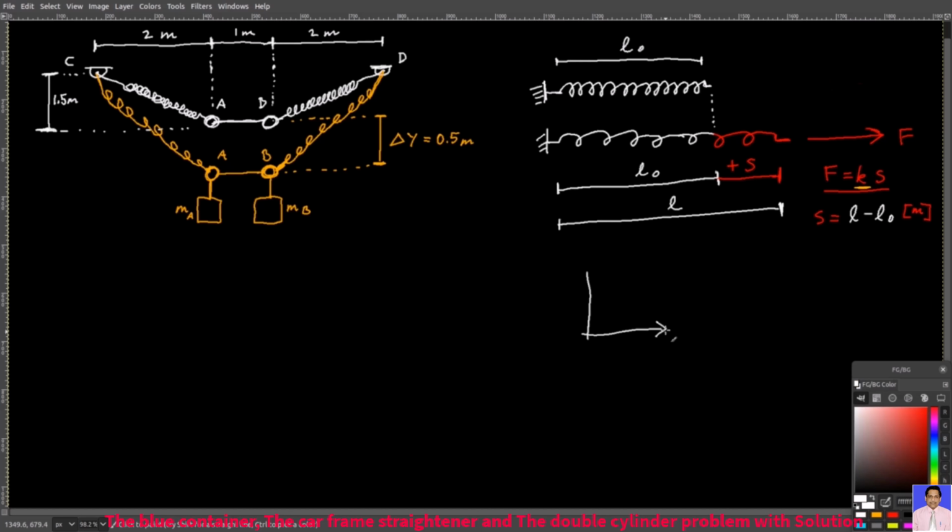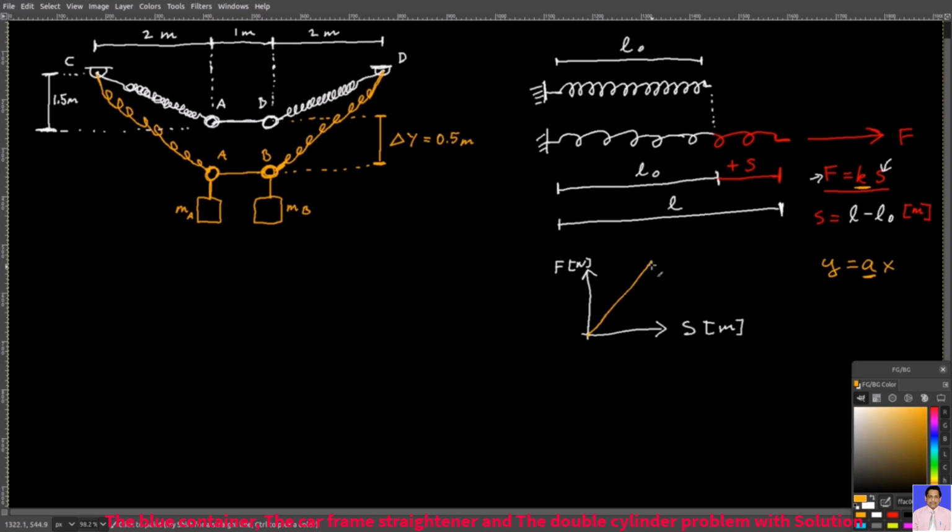So let's say that I have two axes here. Here I have S in meters, and here I have force in newtons. And essentially, if you look at this formula, then it looks like Y equals A times X. Y is like force, and X is like S. And then this A, that's this K. Essentially, it's a slope.